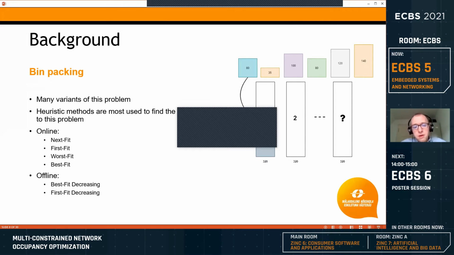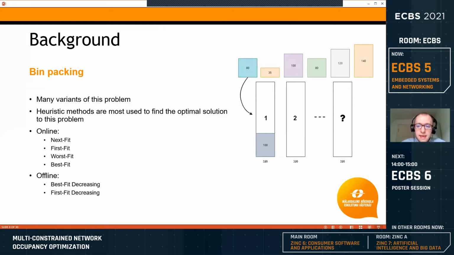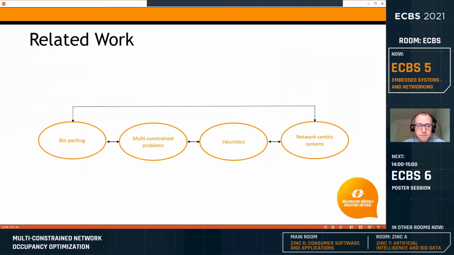Heuristic methods are often used to find a solution to this problem, and those can be roughly divided into online and offline. Online methods deal with signals as they come, while offline methods have all signals ready before running the algorithm. Our approach can be modeled as an offline packing algorithm.